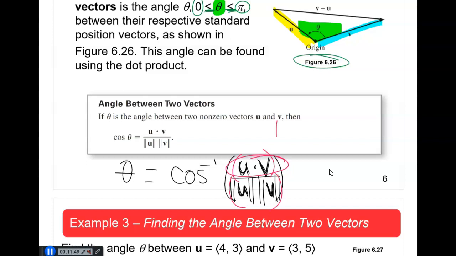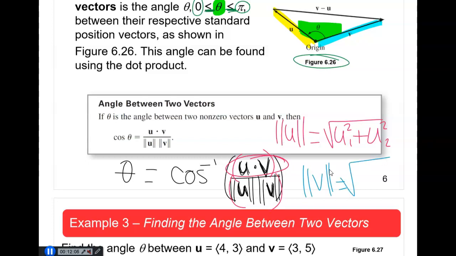And remember, to find the magnitude of a vector, we will be using the square root of the square of the horizontal component plus the square of the vertical component. And then, to find the magnitude of the other vector, we will look at its own components. So it will be the square root of v sub 1 squared, that's the horizontal, plus v sub 2 squared, that will be the vertical component.